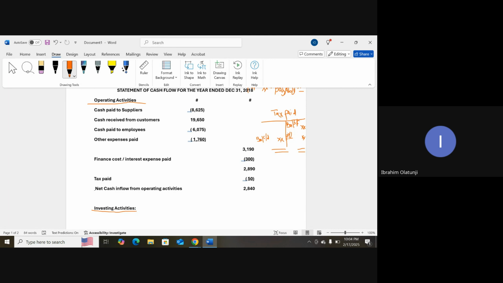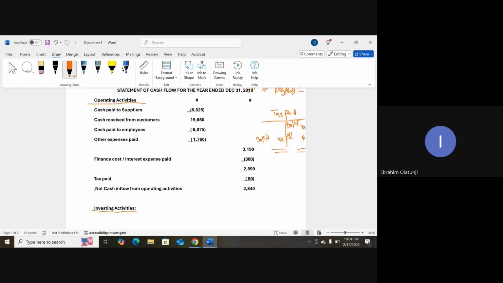So if you have something like that as dividend received, then you put it under investing activities. Not only that, you can also have something called interest received.